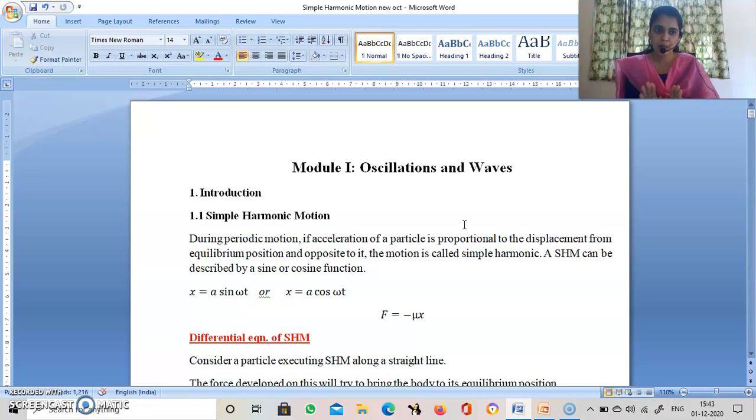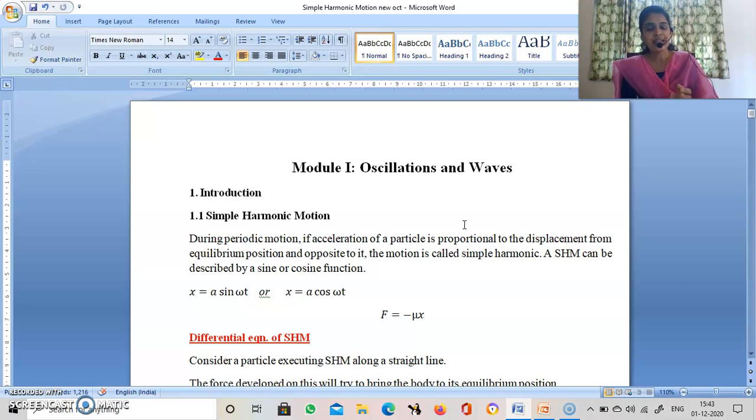In a simple harmonic oscillator, the force acting on the system is directly proportional to the displacement of the particle from its mean position, and it is opposite in direction. That is what is called a simple harmonic oscillator.